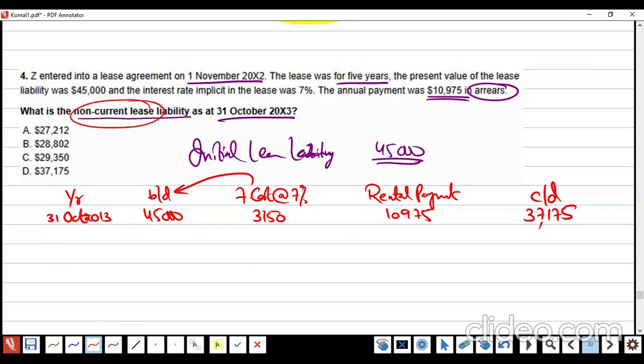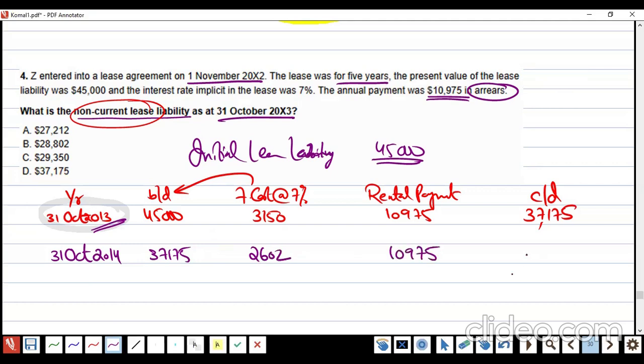What I told you is that if it is required for 1 year, you have to do it for one more year. Remember or not? We have to do it for one more year because we are required for 2013, so we need to work for 2014. Apply the interest rate on this one. 2602.